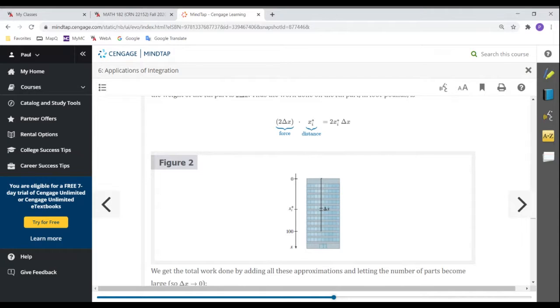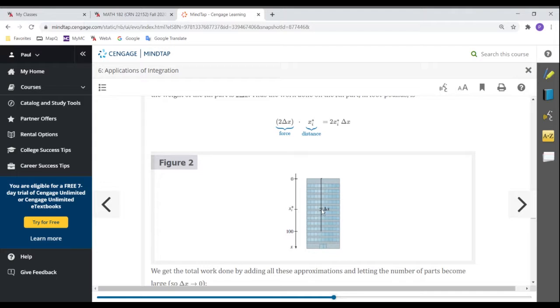That's how you have to think of this. The work needed to lift the entire cable, the entire 100 feet of cable to the top of the building, would be equivalent to taking that cable, breaking it up into equal pieces, and then bringing up each piece separately to the top of the building.